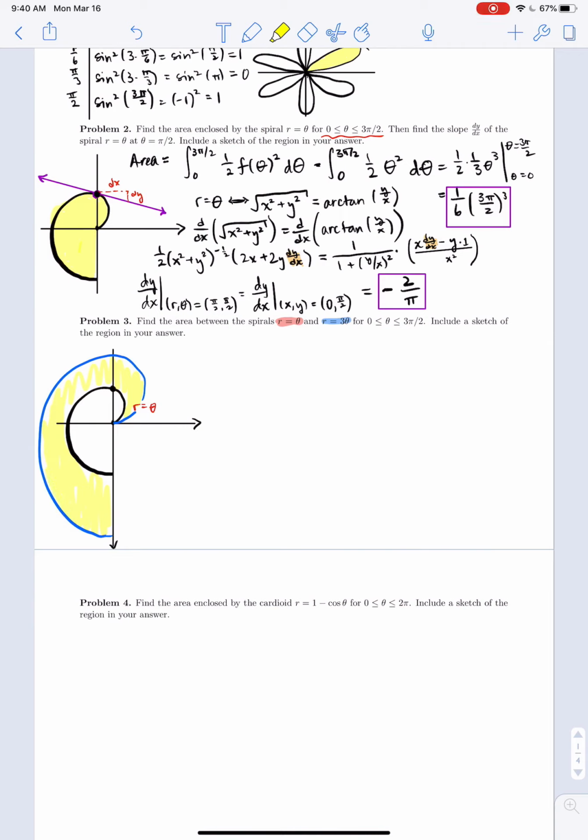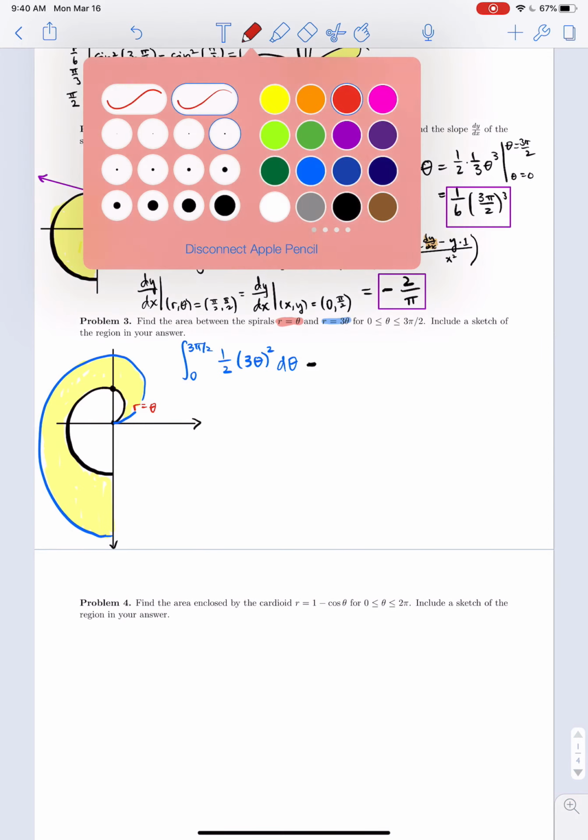All right, so the same logic applies as in the Cartesian setting. I think it's like section 5.1, area between curves. So, let's start with the larger area. The larger area is going to be given by the integral from 0 to 3 pi over 2 of 1/2, what is the equation for our larger curve? It's 3 theta, and then we need to square that and integrate with respect to theta. But then we need to subtract off this region that we're not hitting.